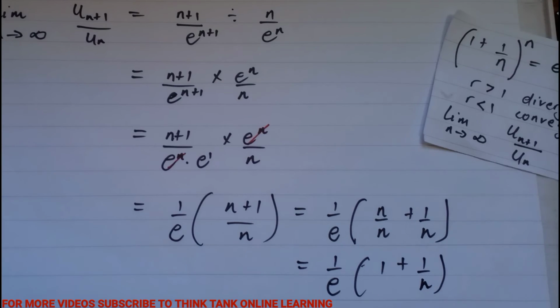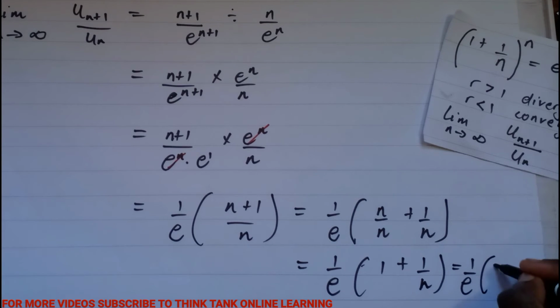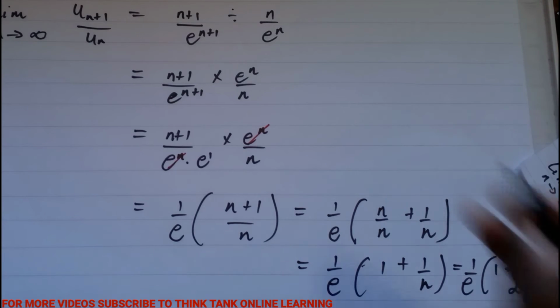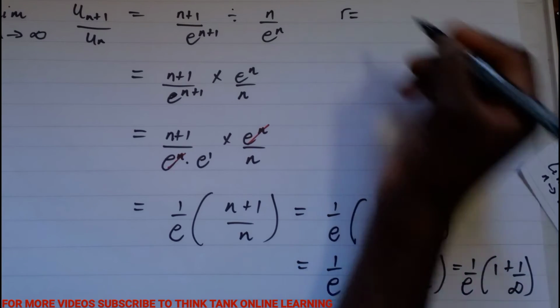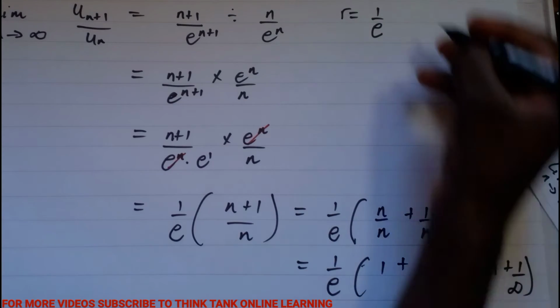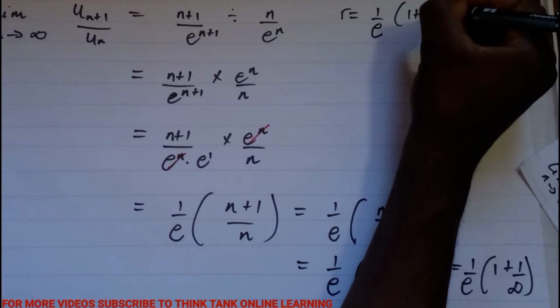Now what happens if I plug in infinity? I'm going to get 1 over e times (1 plus 1 over infinity), and you know that 1 over infinity is 0. So r is going to be 1 over e times (1 plus 0).